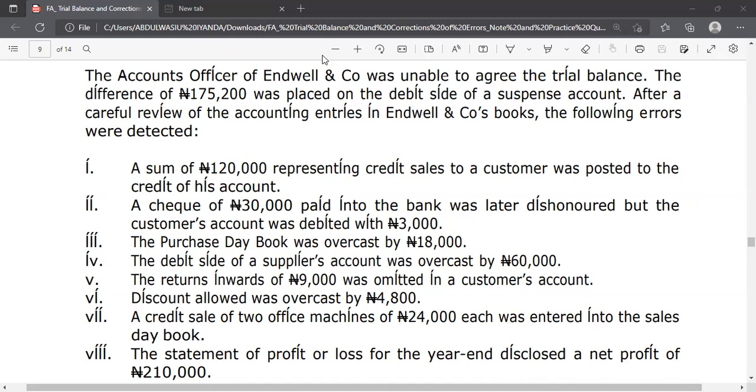Purchase day book was overcast by what? By 18,000. Meaning that purchase is overcast by how much now? By 18,000 naira. So if purchase is overcast, the next thing that you have to think of is what? Purchase is what? Categorize it among this.